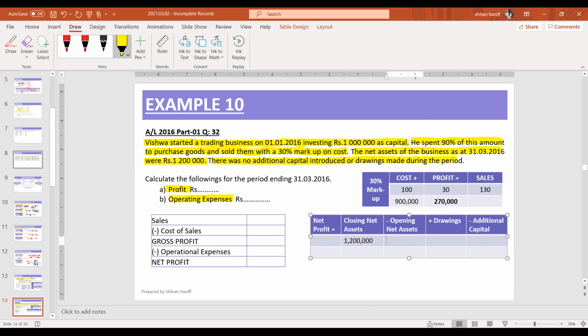Opening net asset is given 1 million, 100,000. Gross profit is 270,000. Net profit is 200,000. Then how much is operating expenses? Operating expenses is 70,000.